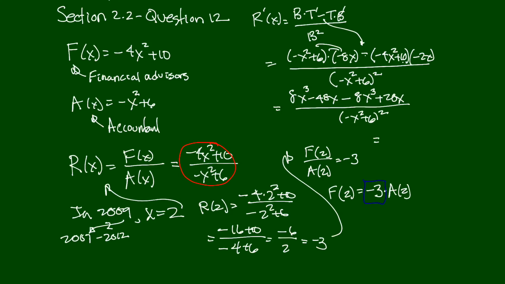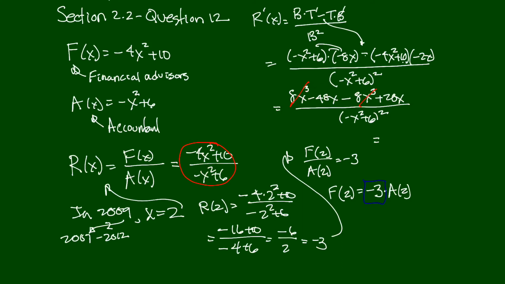And what happens here? The 8x cubed minus the 8x cubed cancel out. We knew that was going to happen because both are quadratics. If they're the same degree, you always get a cancellation there.